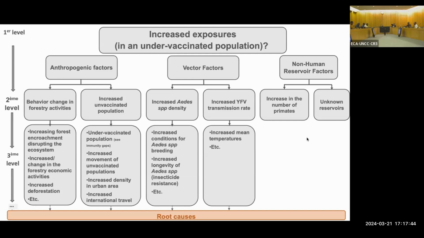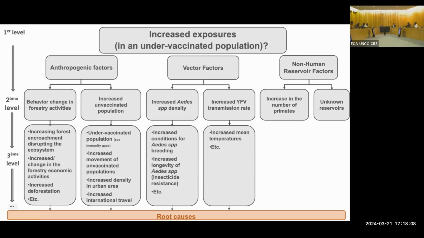We were discussing even urban transmission, and the fact that you can have urban cases without having urban transmission. We had a nice presentation from Brazil showing this. There is sylvatic transmission giving rise to urban cases.